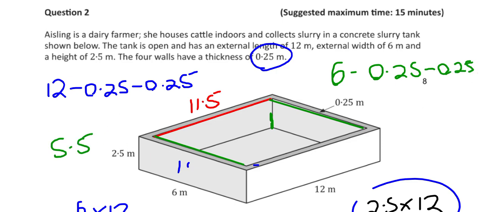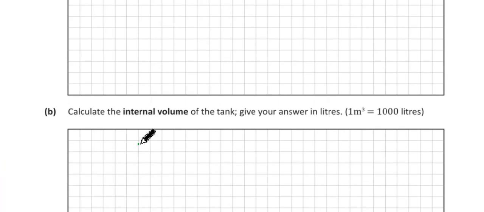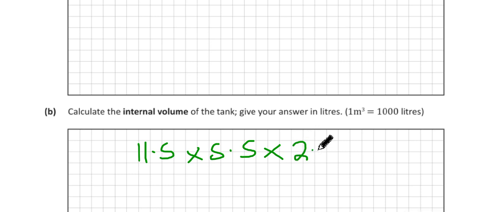So we now have the length is 11.5, the width is 5.5, and for some reason the height is still 2.5, which means it didn't take it into consideration. So guys, will you multiply that out for me and let me know? So what do you get, guys?